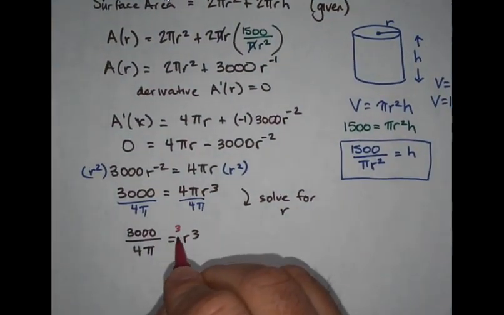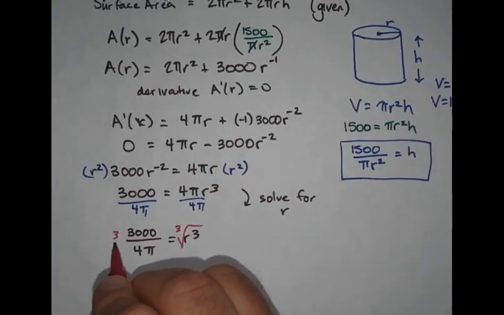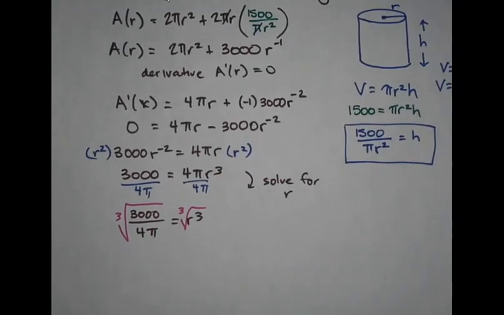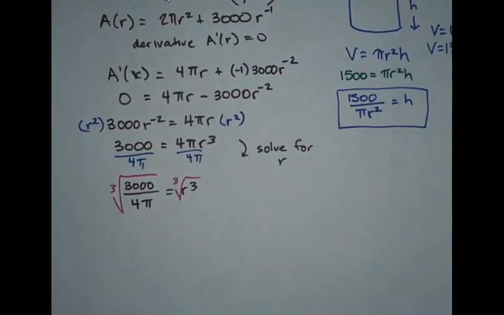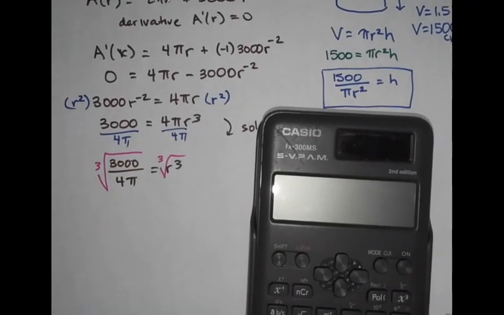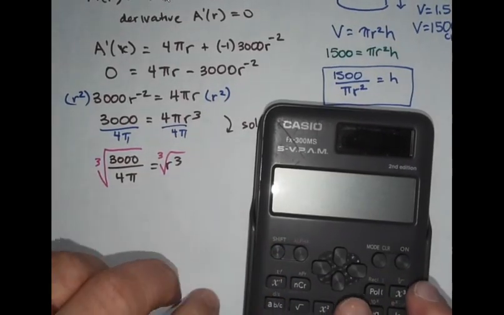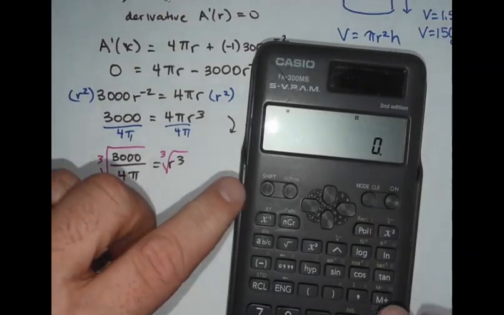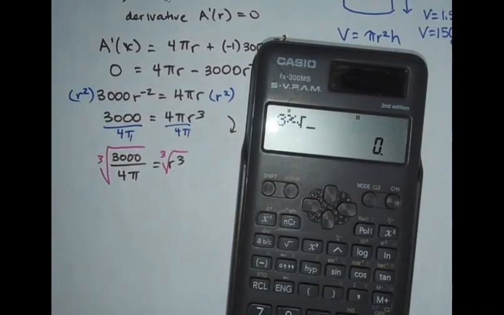I could do the cube root of that, and I can put that in my calculator just like this. So I can do the cube root of 3,000 divided by 4 divided by pi.